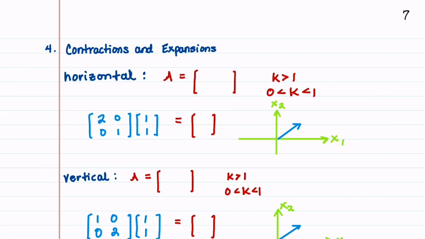The last matrix transformations that we'll look at are contractions and expansions. When we contract a vector horizontally, our standard matrix looks like this. It's K, 0, 0, 1, where K can be greater than 1 for an expansion, and K is between 0 and 1 for a contraction.